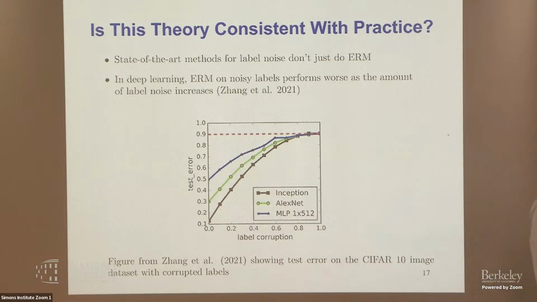So both of these suggest that ERM, or just being noise ignorant, doesn't seem to be what people are doing currently. I'm going to show you one set of experimental results and describe a very simple algorithm that is consistent with our theoretical message, but also gives state-of-the-art performance on label noise problems.